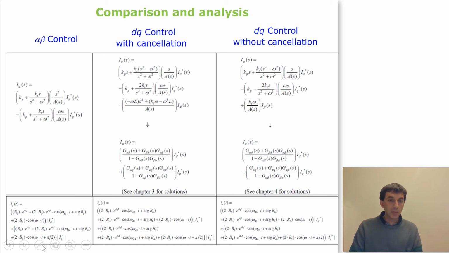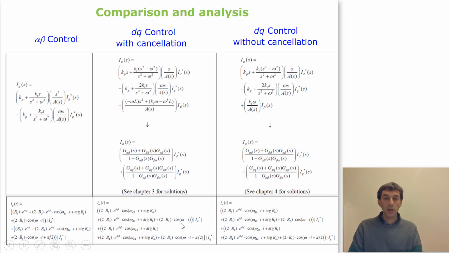And finally here we can see that from this transfer function, when we substitute the step inputs, we can obtain the time domain expressions for all the controls. Here, again, only alpha currents are represented. So here we see terms multiplying ID and terms multiplying IQ.